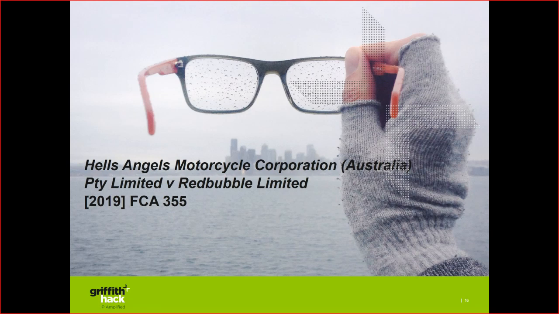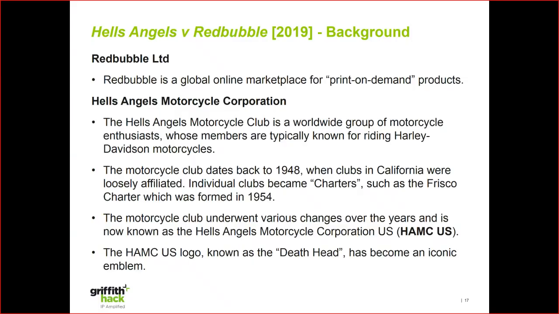For those of you who aren't familiar with Redbubble, it's a global online marketplace for print-on-demand products. What I mean by that is that they have a platform where you can upload images and have that image reproduced on t-shirts, cups, mugs, whatever merchandise you're wanting to produce, and they'll do it for you.